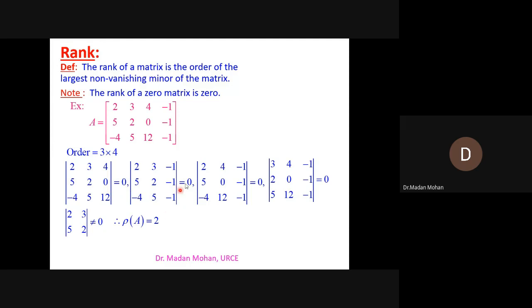Above R means 3, 4 and so on. This is the definition of rank in another way.